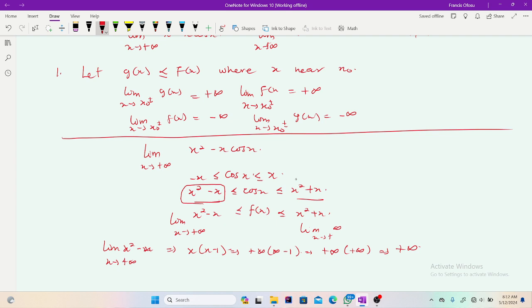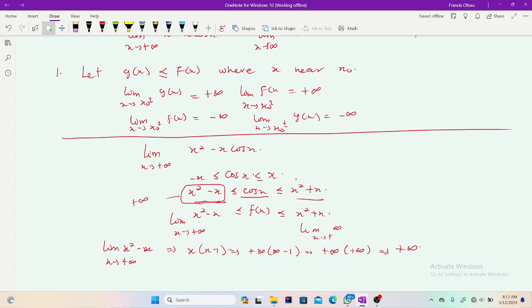Now we've realized that the function cos x is greater than this function, right? This is a bigger function. Cos x is bigger than this function, and if this function has a limit approaching positive infinity, obviously this one, which is the bigger function, also has a limit approaching positive infinity.